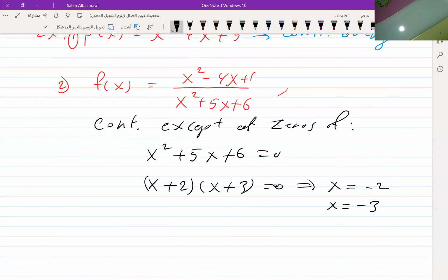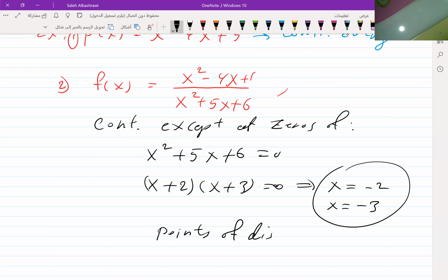So x equal to minus 2 and x equal to minus 3, we call them the points of discontinuity.